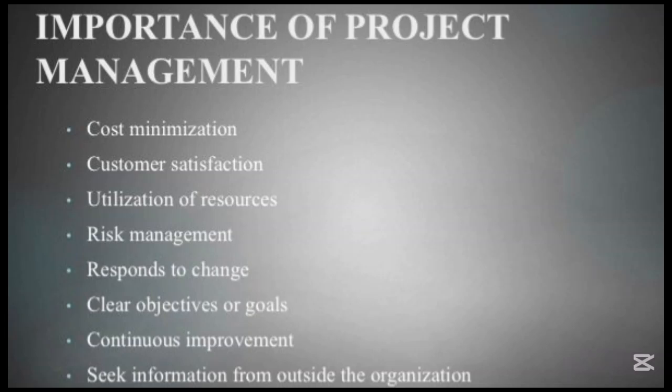The next point is continuous improvement. Project management encourages learning from past experiences, leading to improved processes, as it helps to track or identify mistakes that have been made earlier on, so as to make adjustments and ensure that things are done well this time.